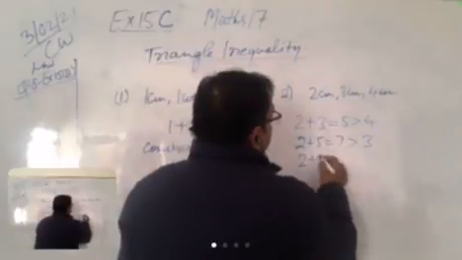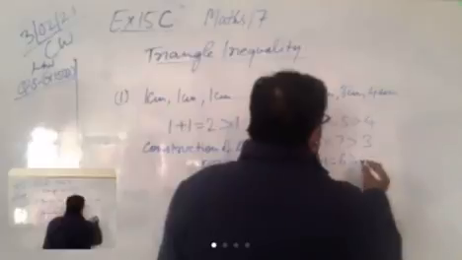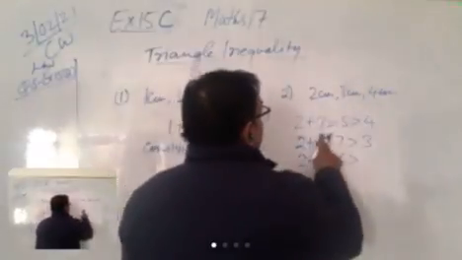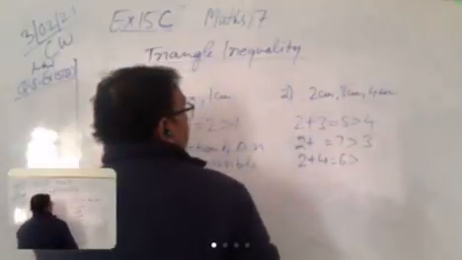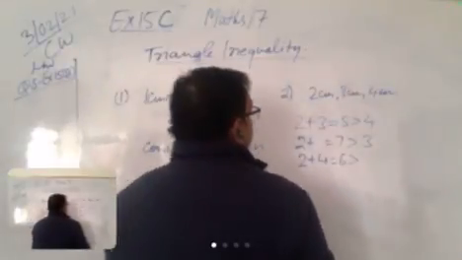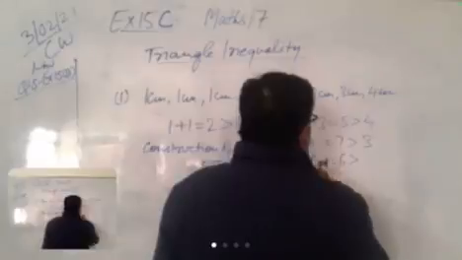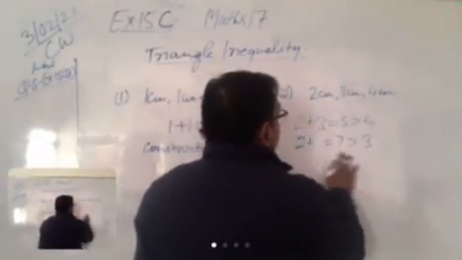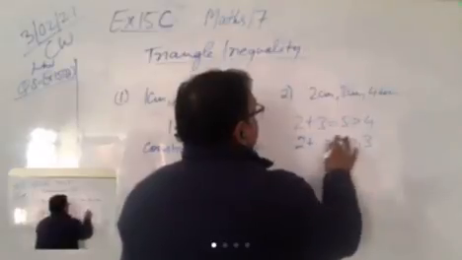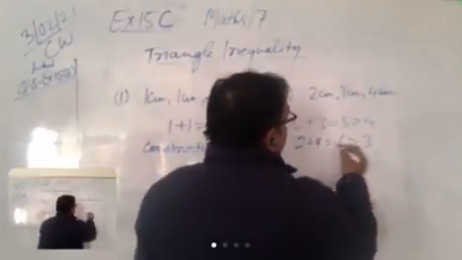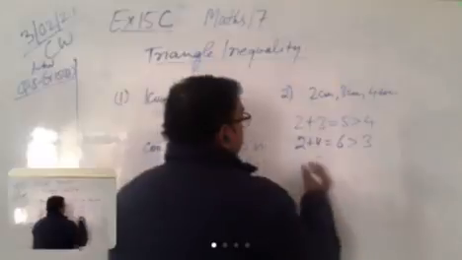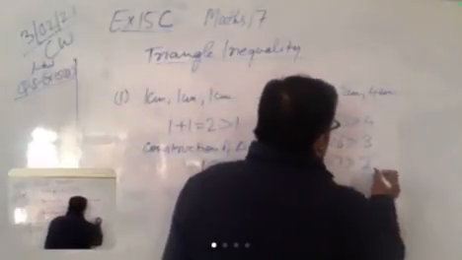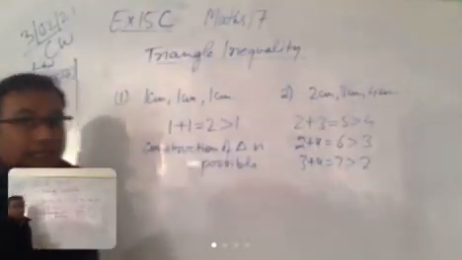Now 2 plus 4 is equal to 6, which is greater than 3. And now 3 plus 4 is equal to 7. It's greater than 2.